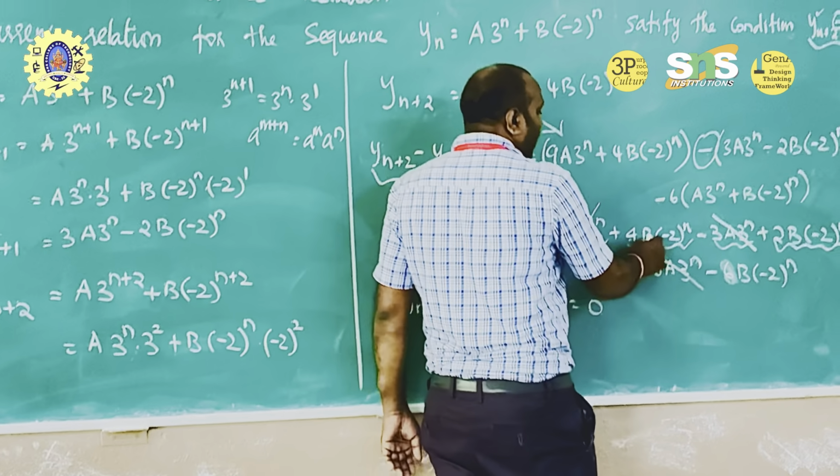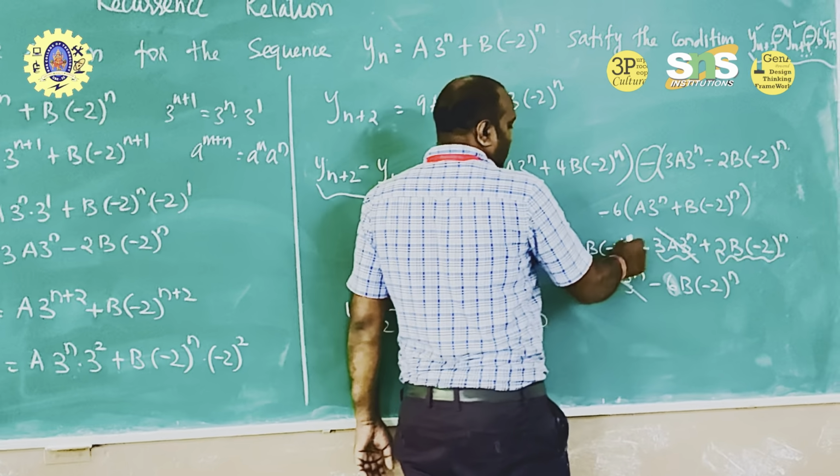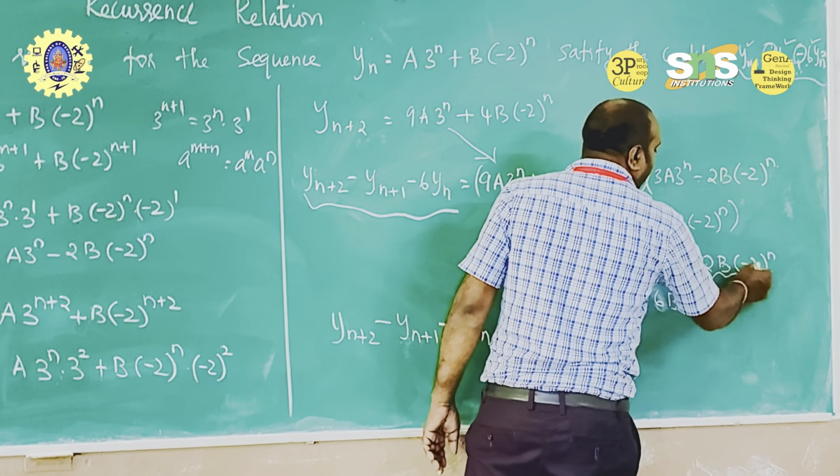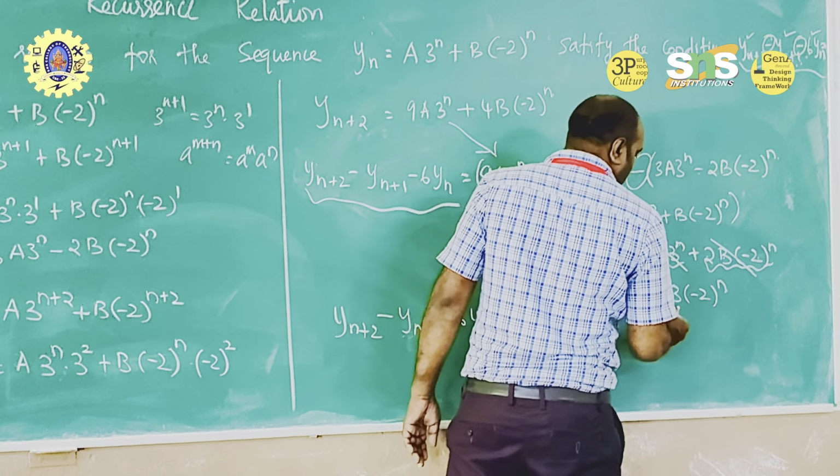Then 4b·(-2)^n plus 2b·(-2)^n is 6b·(-2)^n.